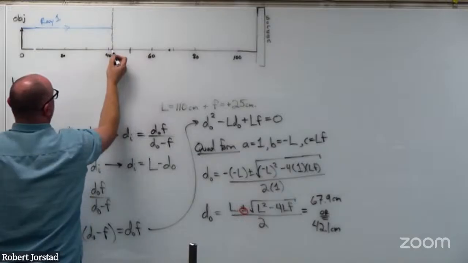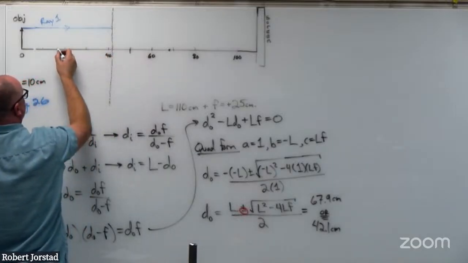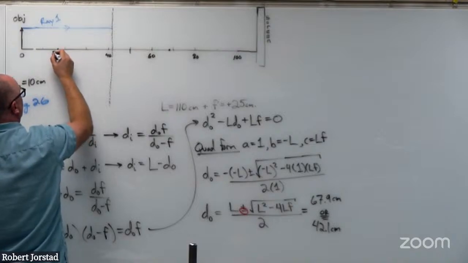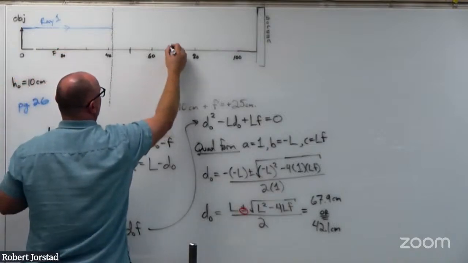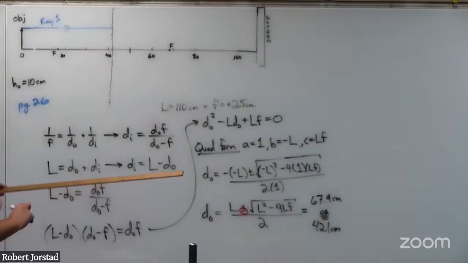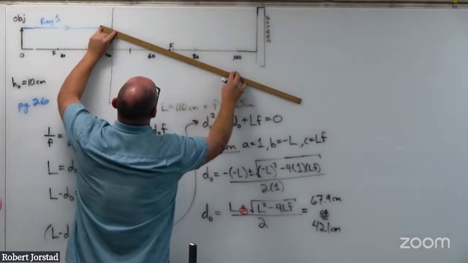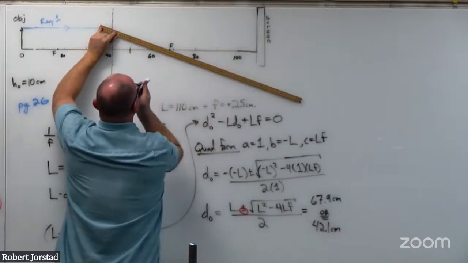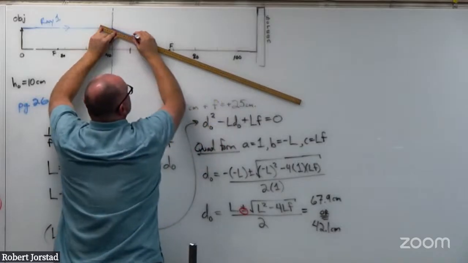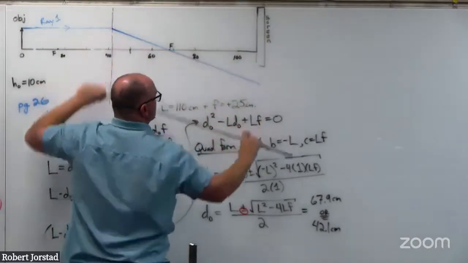And we could do one here. 10, 20, 5. So there's focal point, and there's focal point. All right, so this incoming ray, it's going to be inverted. I'm going to, that's all right. We'll just draw a bigger screen.